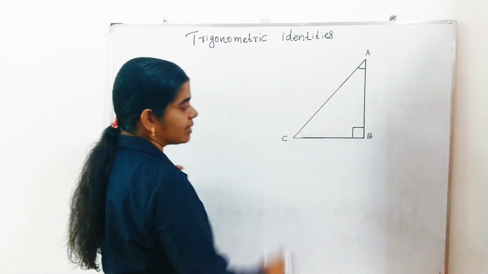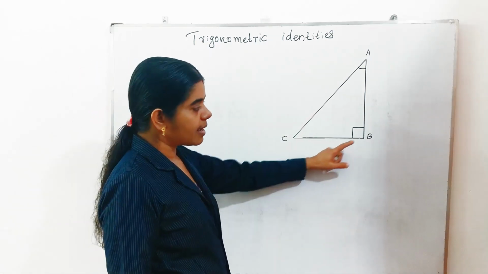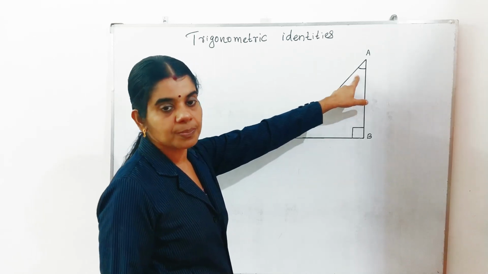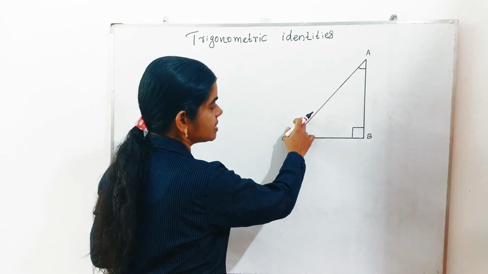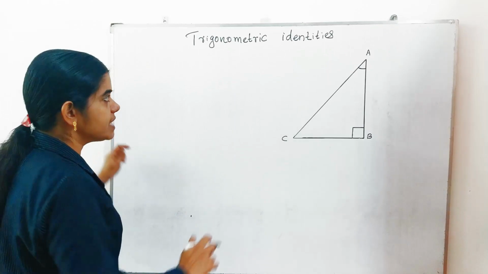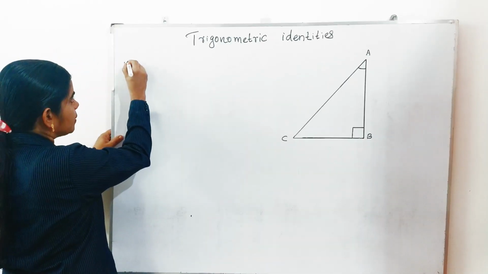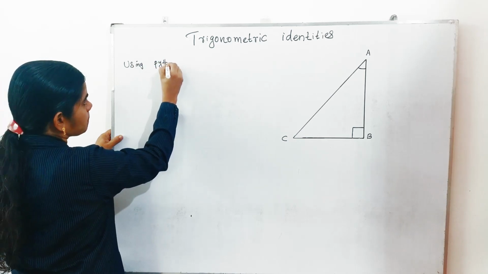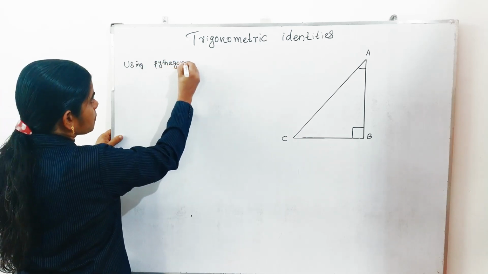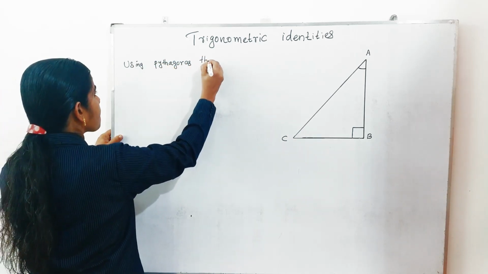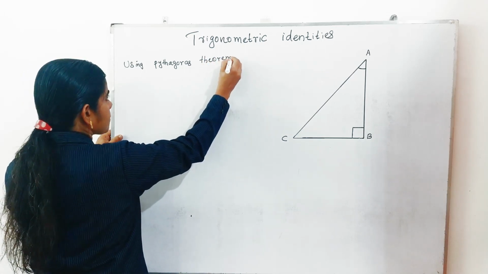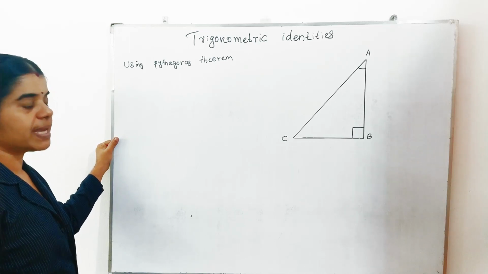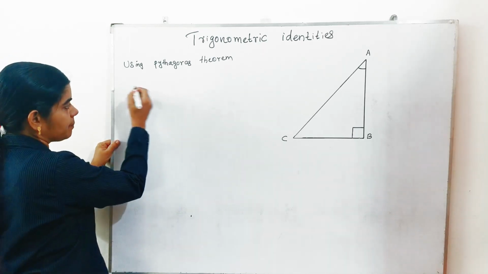I have already drawn a right angle at B, and we marked this angle A also. Then you know that this will be the hypotenuse. Using Pythagoras theorem, you know that hypotenuse square is equal to base square plus perpendicular square.